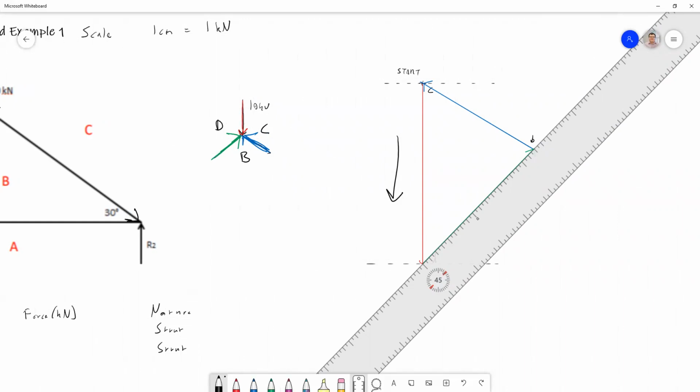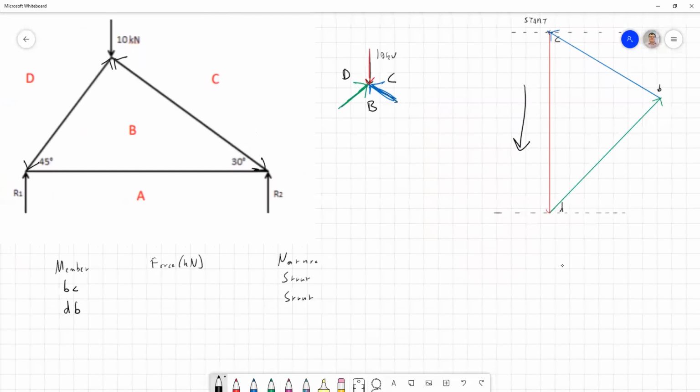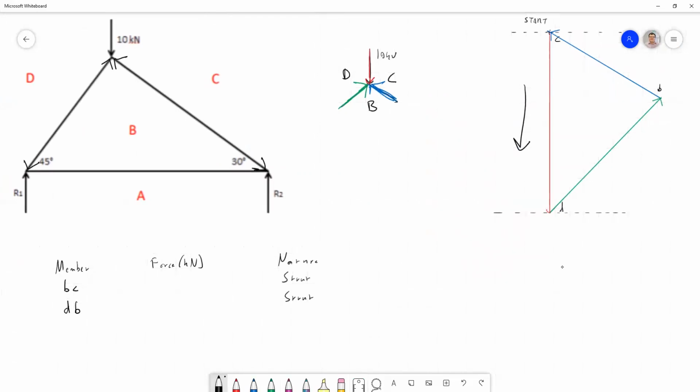So count along here, 2, 4, 6, 8, and I get about 8.9, I think, maybe, sorry. 1, 2, 3, 4, 5, 6, 7, 8, and then just short of 9. So I get about 8.9 for mine. That's 8.9 centimeters. 1 centimeter is equal to 1 kilonewton. So I'm going to get a force of 8.9 kilonewtons here.